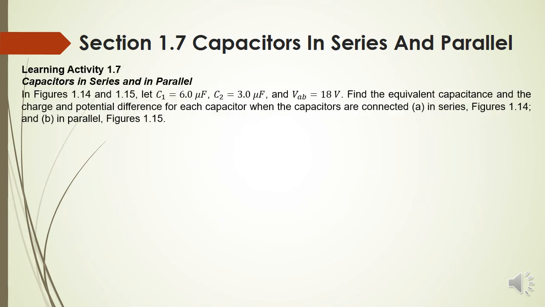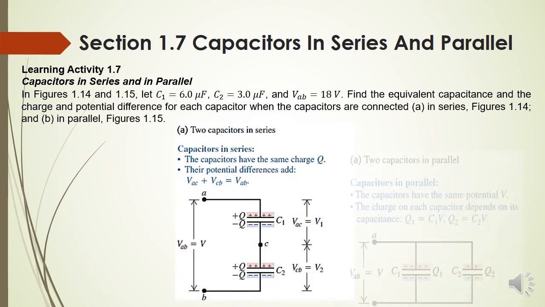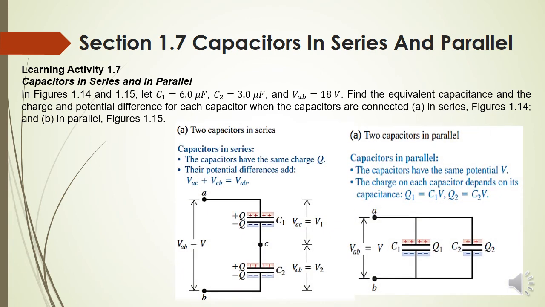Learning Activity 1.7 is entitled Capacitors in Series and in Parallel. In figures 1.14 and 1.15 from your handouts, let C1 and C2 equal 6 microfarad and 3 microfarad respectively, and VAB is equal to 18 volts. Find the equivalent capacitance and the charge and the potential difference for each capacitor when the capacitors are connected in series and in parallel.